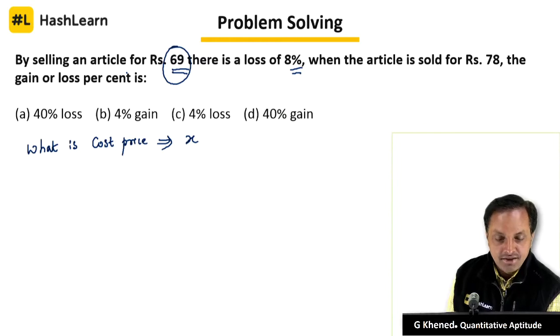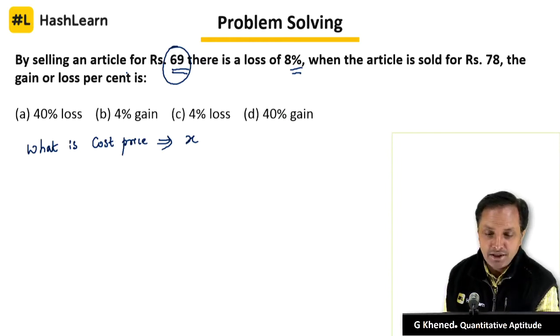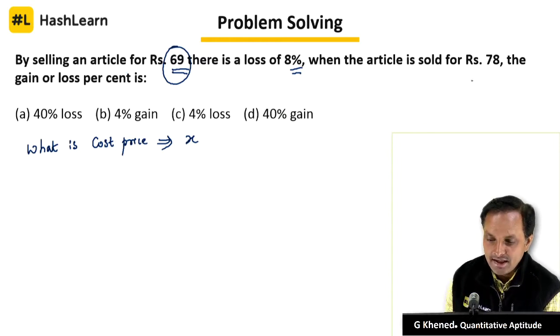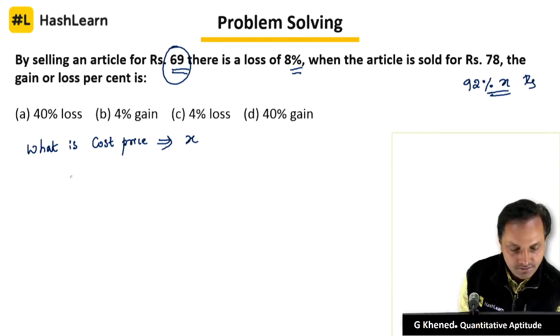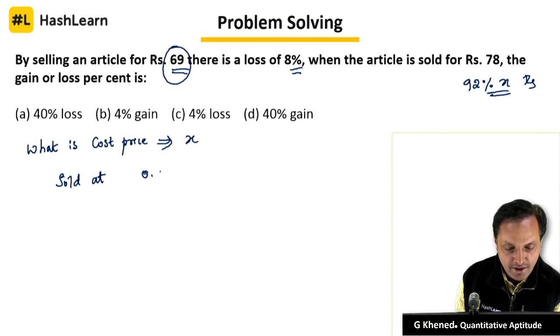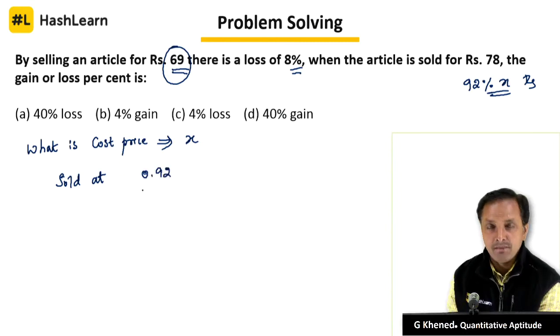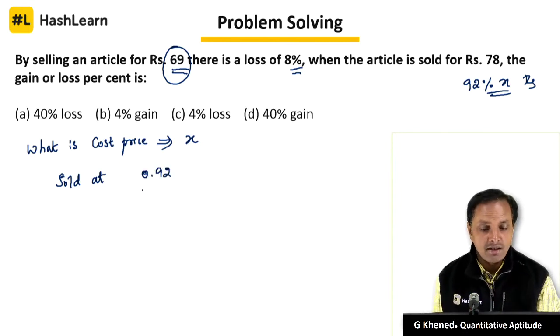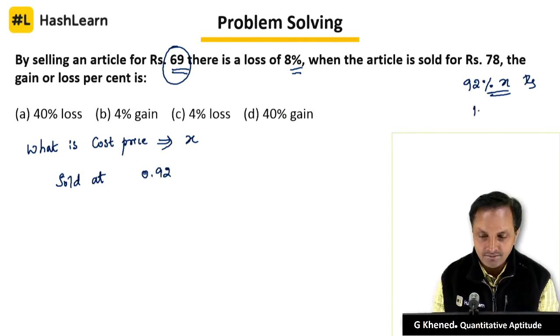Cost price is X, and he is selling at 8% loss, which means he is selling at 92% of X rupees. That 0.92 comes from 1 minus 0.08, or 100 minus 8, which is your 92.